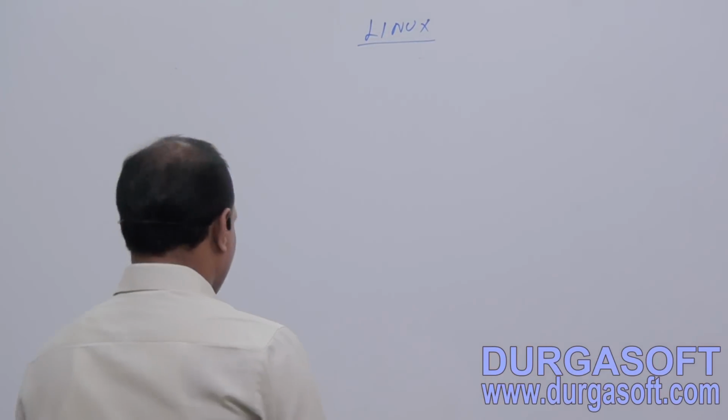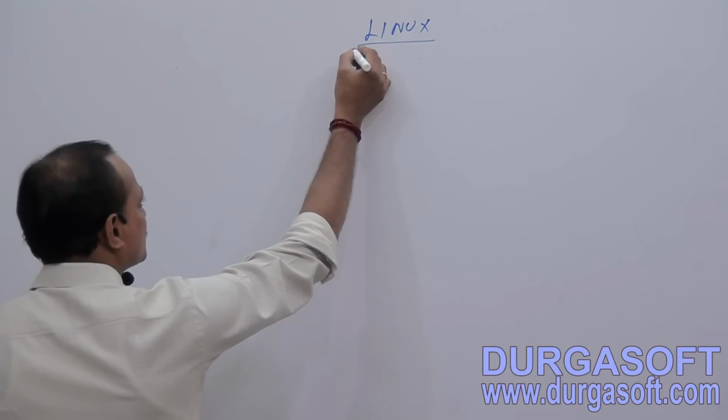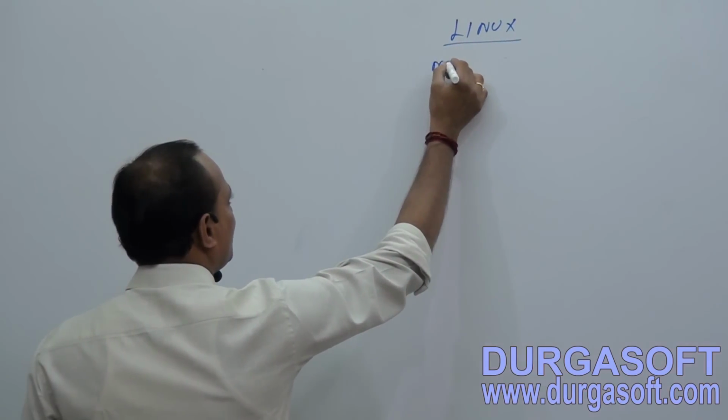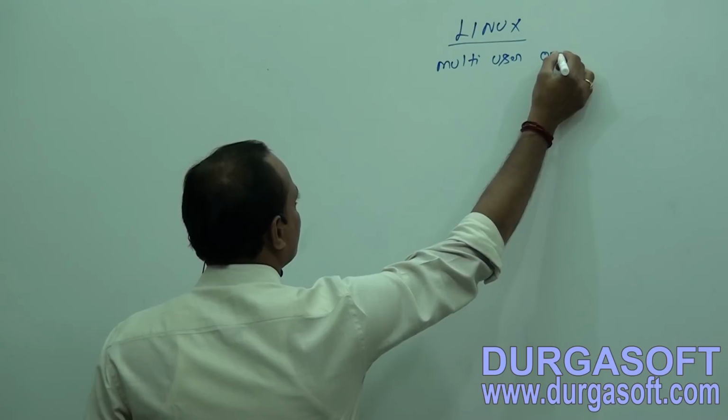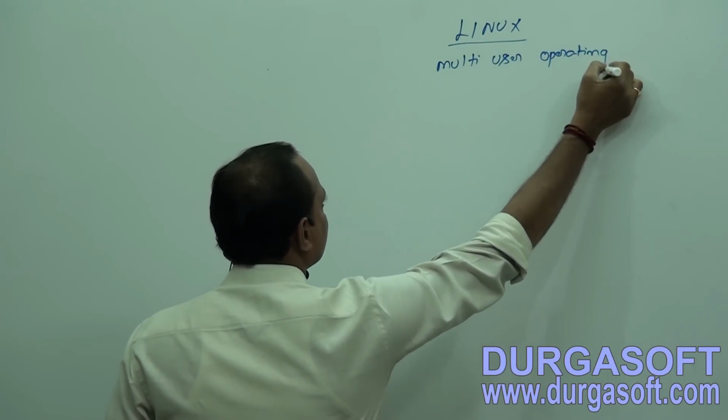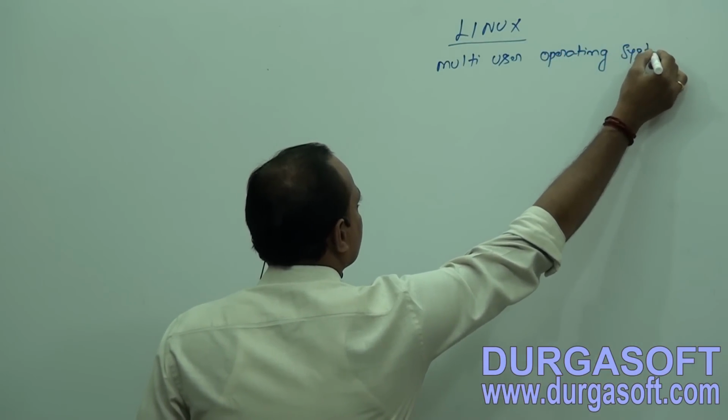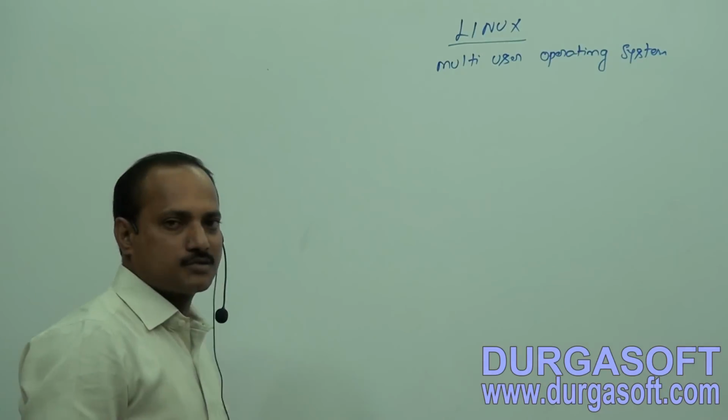Unix and Linux both are multi-user operating systems. What is meant by a multi-user operating system?